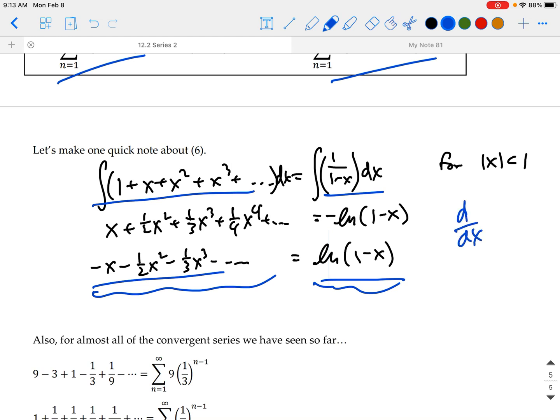So the question is, do derivatives also work for this? And it turns out yes, we can also differentiate both sides of the function. And the differentiation will still carry over convergence on this interval. And so this interval is going to become very interesting to us because we want to know what it is. And this is the interval of convergence.